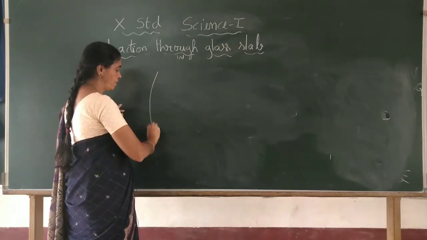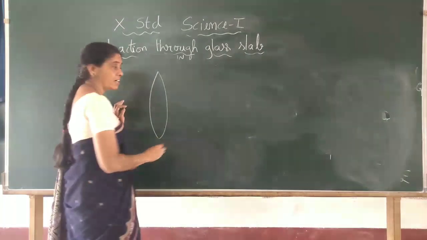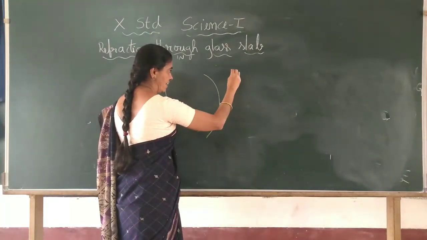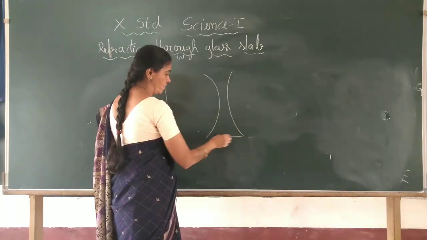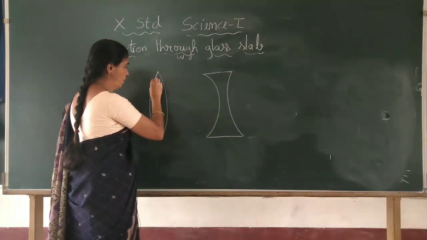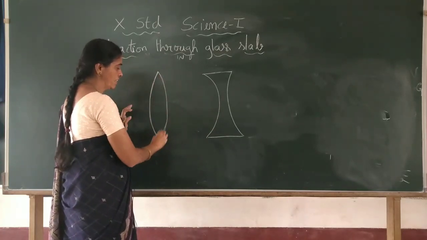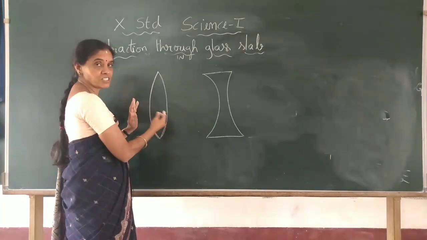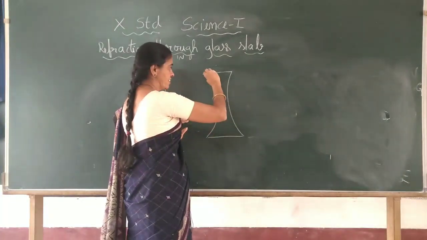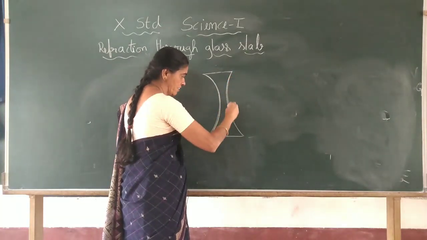It may be bulged outside on both sides, double sided, this side and this side. This is one type of lens. And in this one, it has a cave-like structure, so it is bent inwards.